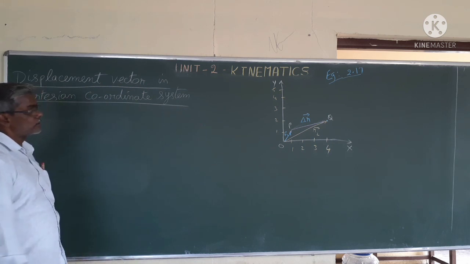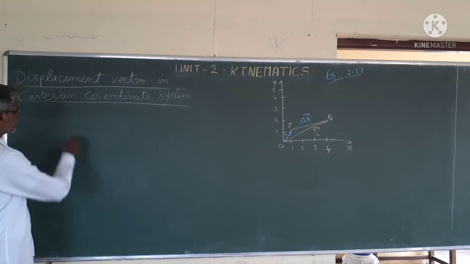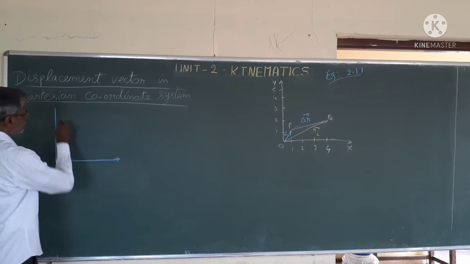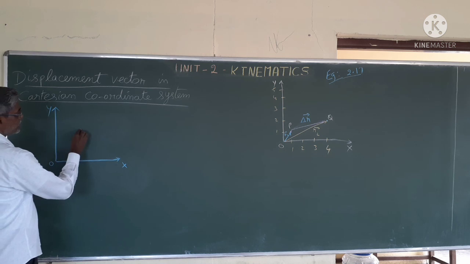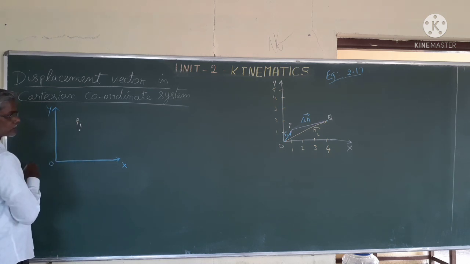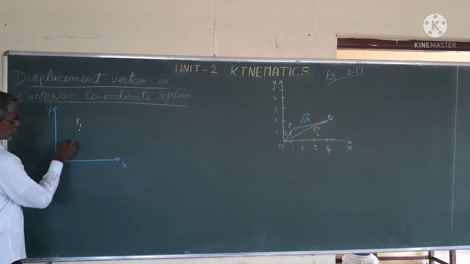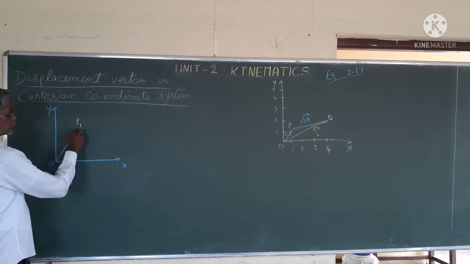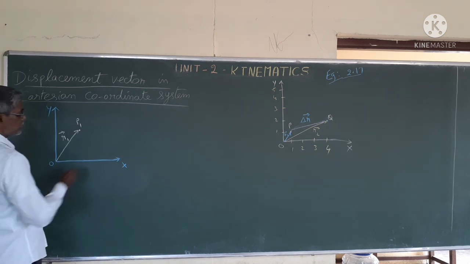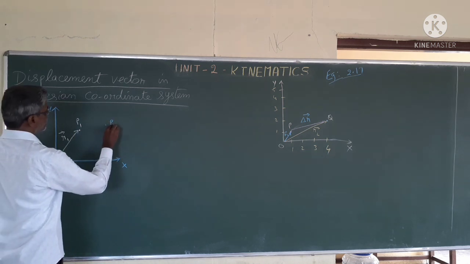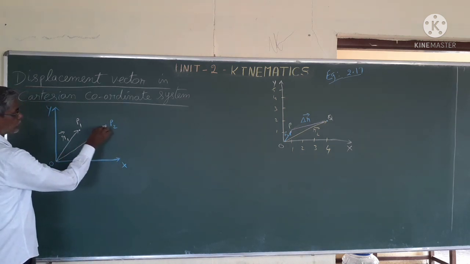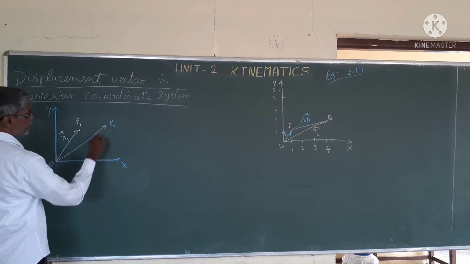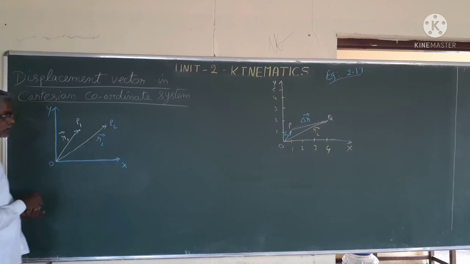Displacement vector in Cartesian coordinate system. Let us consider an xy plane. Now, let us consider a point P1, at some distance from O. The position vector of P1 is the R1 vector. Similarly, consider a point P2, whose position vector is the R2 vector.